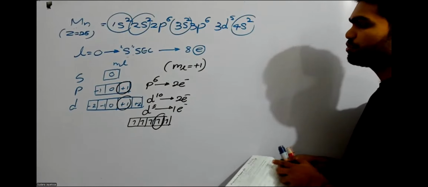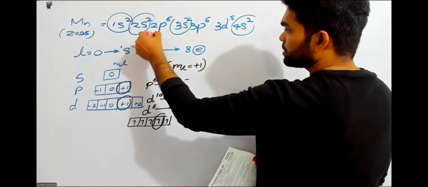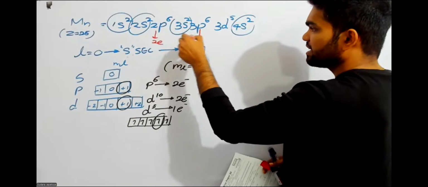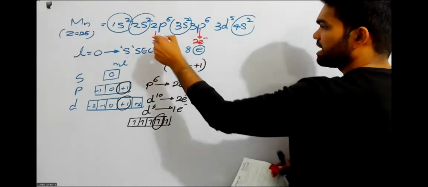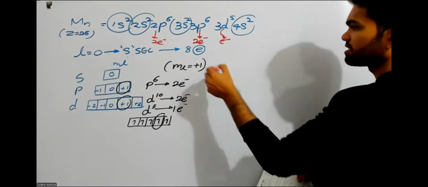Understood? Check your formula and your electronic configuration. Here you have two electrons, P6 gives another two, and only one from D. So how many total electrons follow this condition? 5 total electrons. Understood?